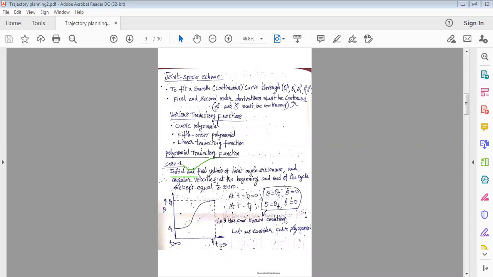The initial and final values of joint angle are known, from the initial point to the final destination point, and the angular velocities at the beginning and at the end of the cycle are kept equal to 0. This is the case for which we are going to solve the trajectory function.